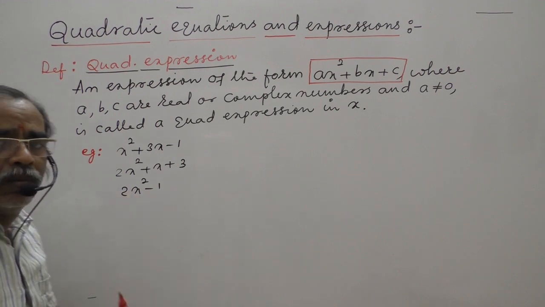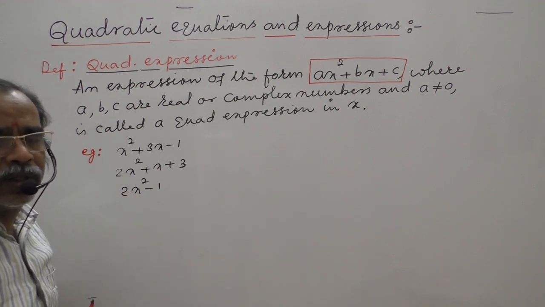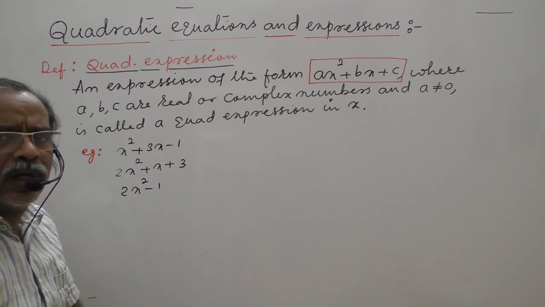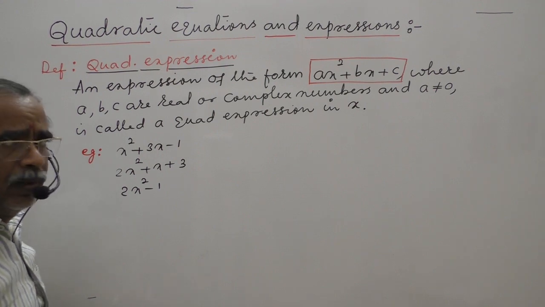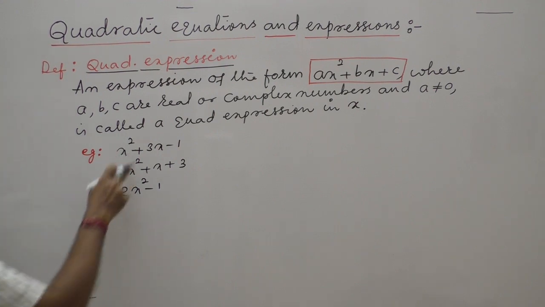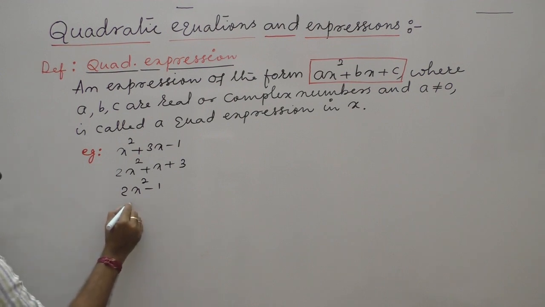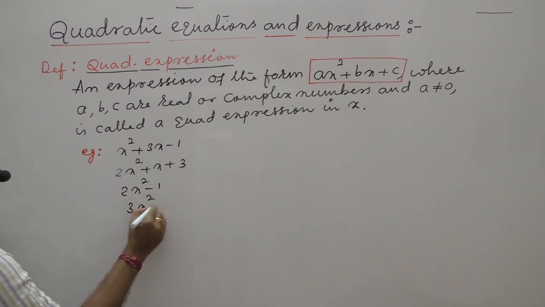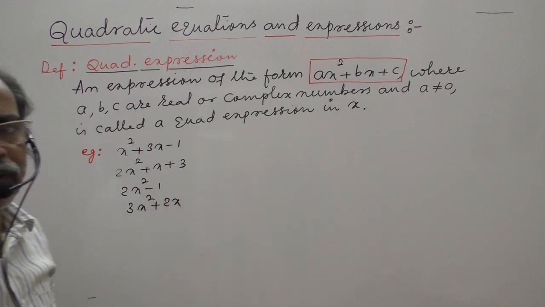The x square term must be there, then only it is a quadratic expression. What about x and the constant? No problem, they can be anything, they can be zero also. So these are some examples of quadratic expressions. One more, 3x square plus 2x, this is also a quadratic expression.